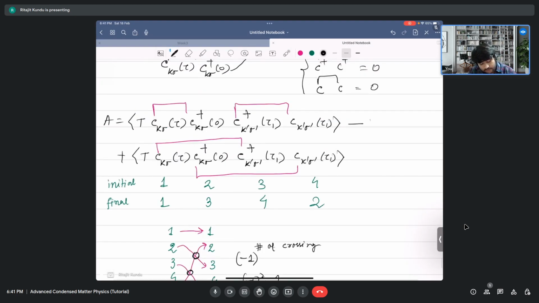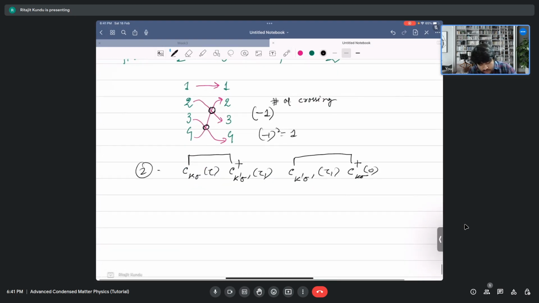So let's just call them term 1 and term 2. The first term will give me a Green's function. So I'll have a minus G, k sigma, tau minus tau 1.